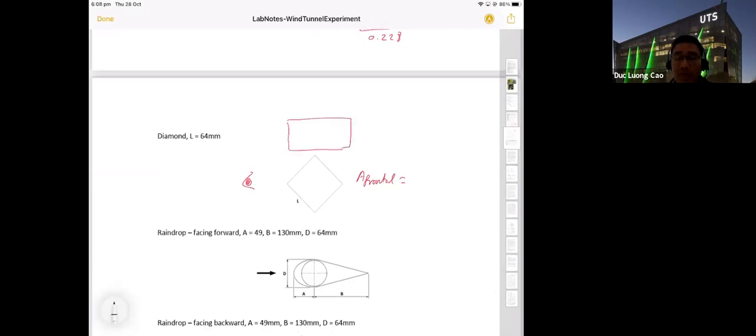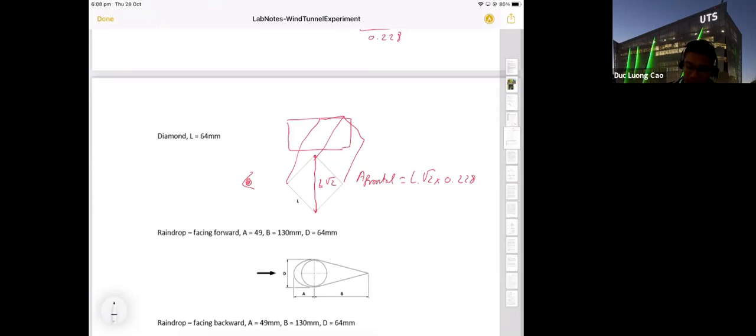The equation is L times square root of 2, times 0.228.